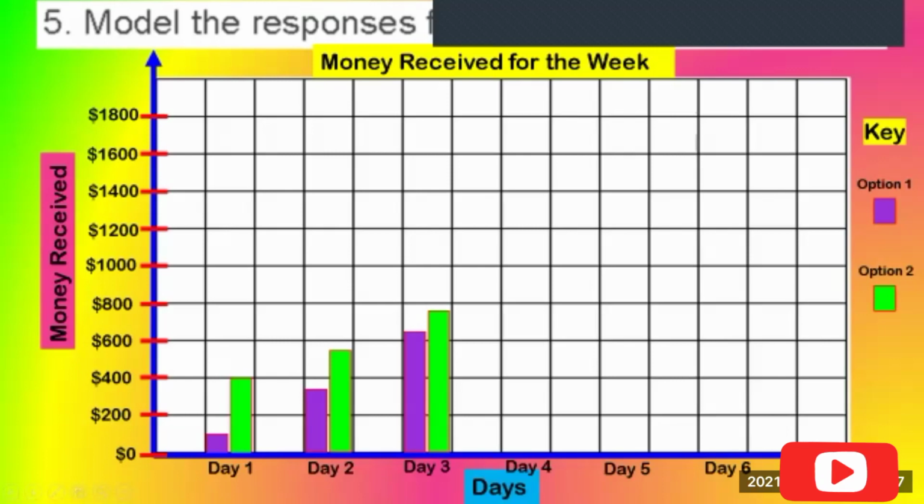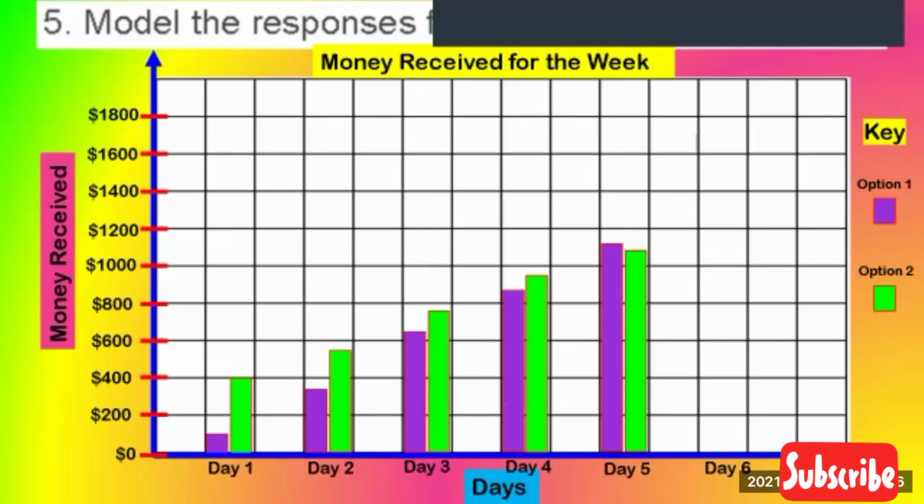For day 4, we have $880 for option 1, and for option 2, we have $940. For day 5, we have $1,140, and on option 2 we have $1,120.